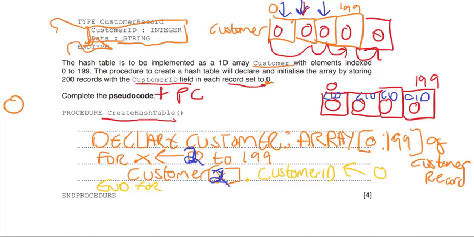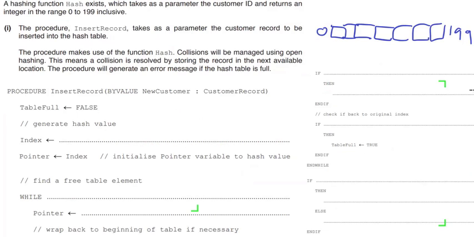Let's have a look at part 2. So the next part of the question is inserting a new record, i.e. for customer, into our hash table. So we've got a hashing function where the hash function exists already, so we don't need to do the calculation of the mod length. It's already done for us.